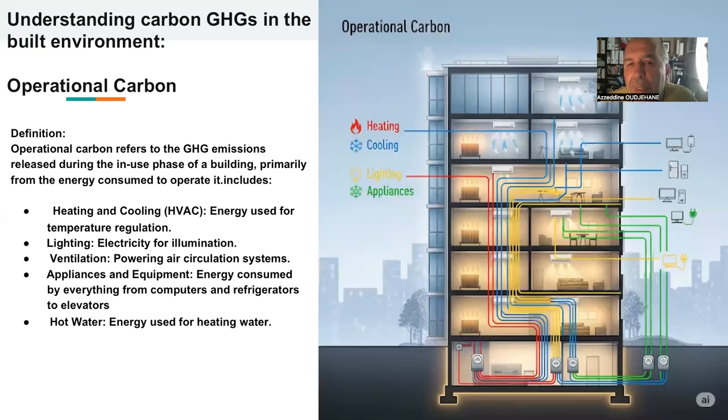The second is the operational carbon that results from heating, cooling, lighting, and operation of equipment, and so on and so forth. The addition of the operational carbon and the embodied carbon equates to the total carbon footprint of a building. So the embodied carbon is primarily from the construction and pre-construction materials, and the operational is the efficiency in usage of the building.